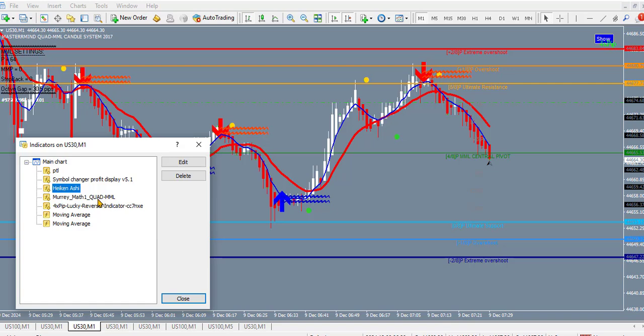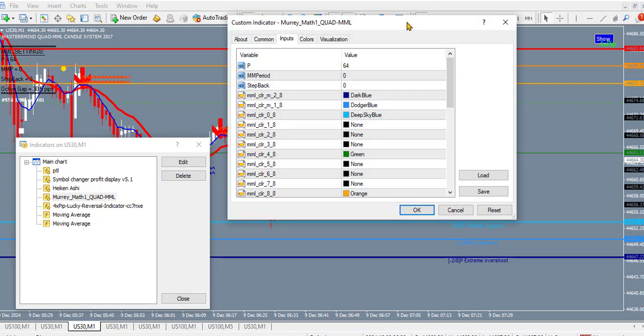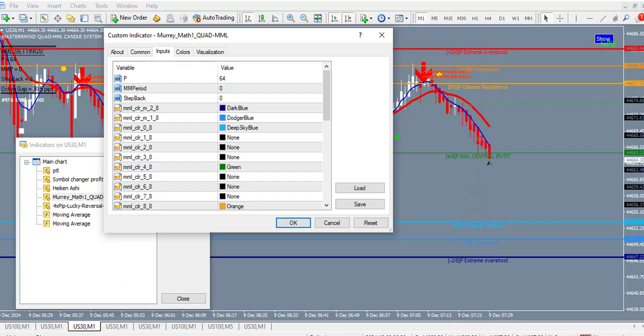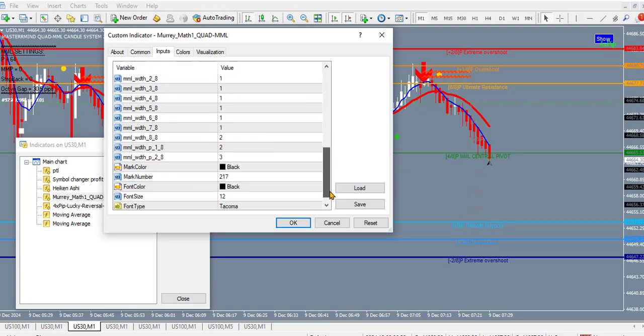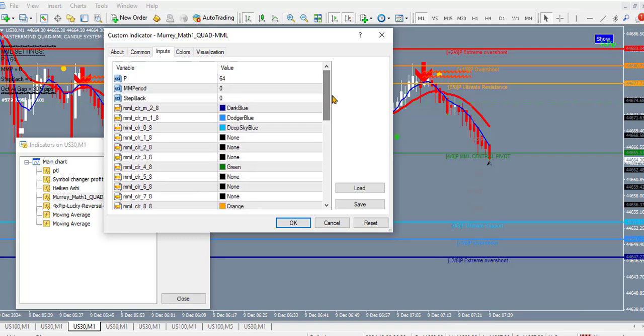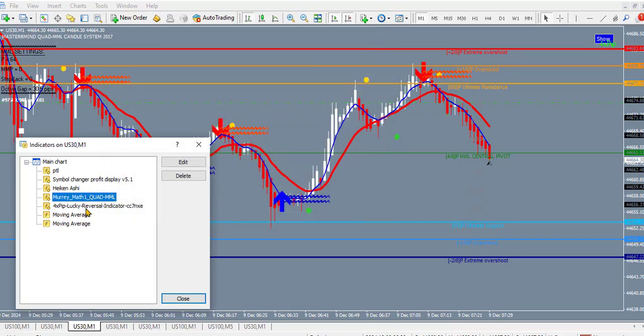Then I have the Murray indicator, this upper and lower zone indicator, and this is what I change it to. This is where you have all the colors. And these are the values. Just make sure you pause the video and enter it accordingly, or you use my template. I do not want you to stress yourself, that's why I added my template. Just make sure you use it.